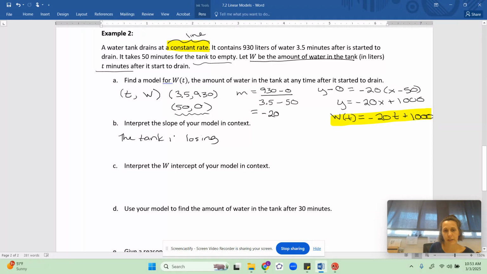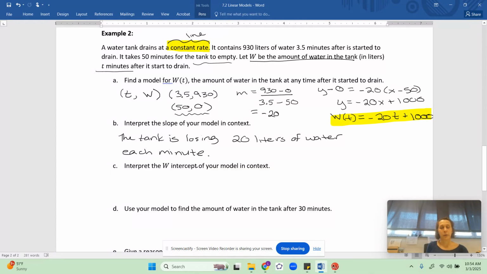And remember, in context is supposed to be about the problem, so the tank is losing 20 liters of water each minute or per minute. I do need to say each minute or per minute, because that's saying for every 1 unit of x, or t here.